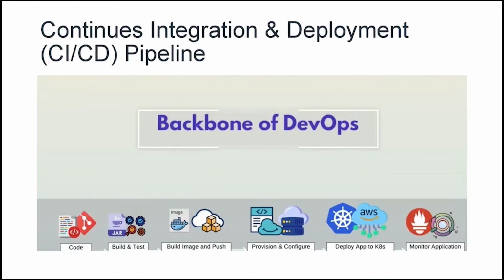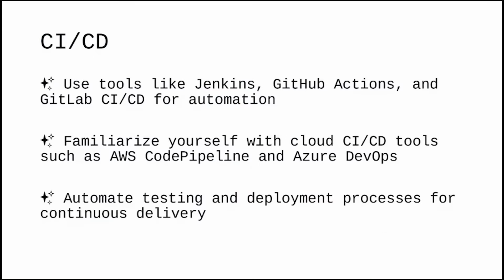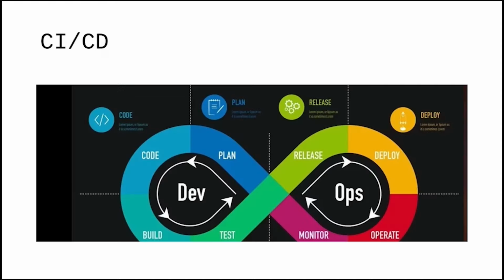Faster feedback. If a castle piece doesn't fit, you know right away. If you waited until the end, it would be much harder to fix. Same with code. If a problem occurs, CI/CD quickly notifies developers, enabling a faster fix.